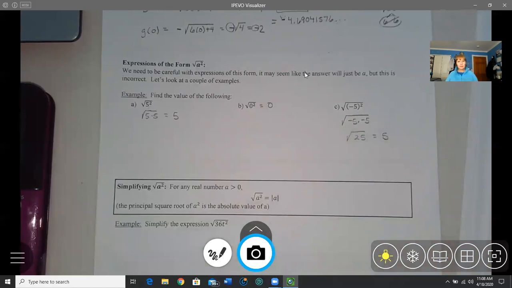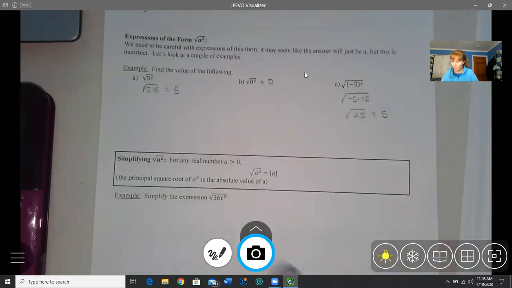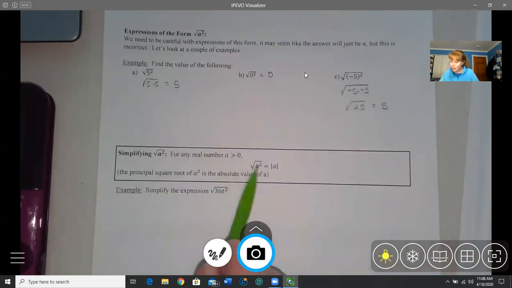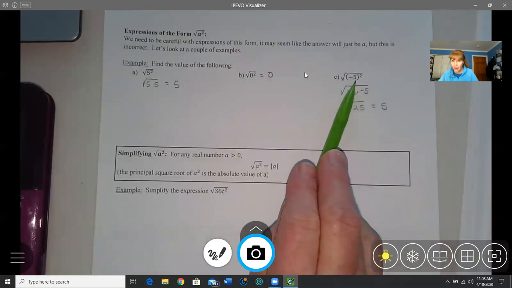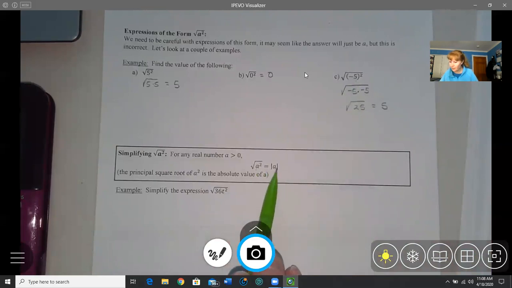Which brings us to maybe more of a formal definition: whenever you have this a and you're squaring it, the answer is the absolute value of a, which is what I did here. It's been a while since we've done absolute values. Absolute value means make it positive.